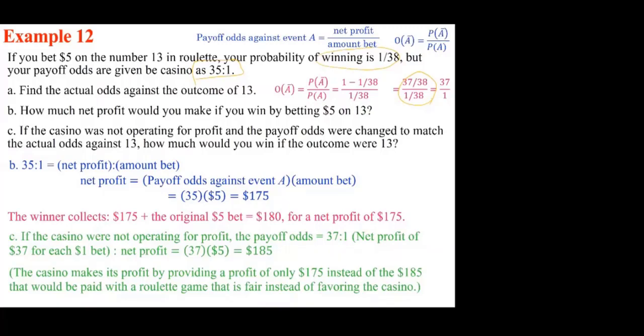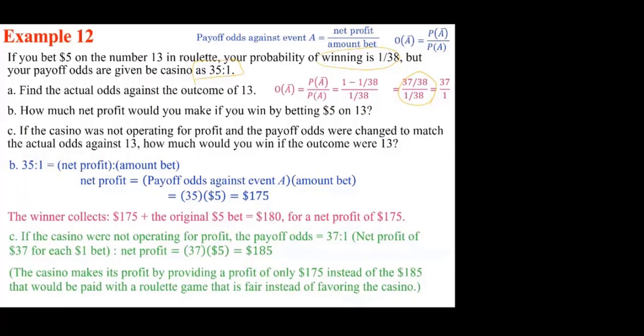Professor, I just have one question. Go ahead. When it's 35 over 1, I get that, but what happens to the 1? I understand that it's 35 to 1. That means 35. In fact, if you look at part A, the answer is 37.